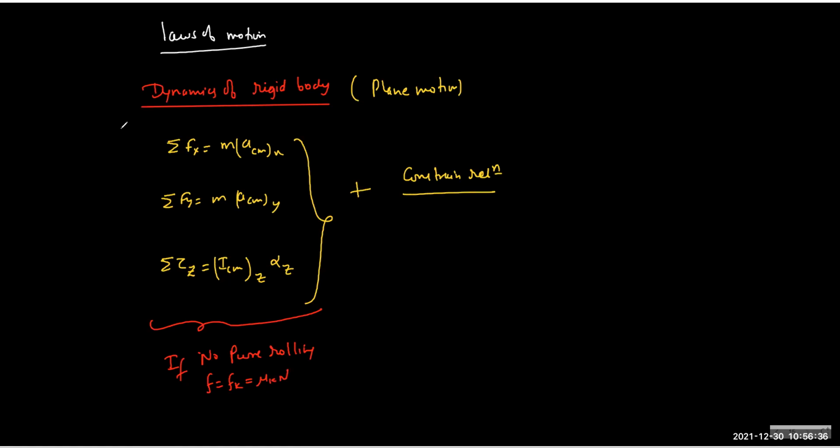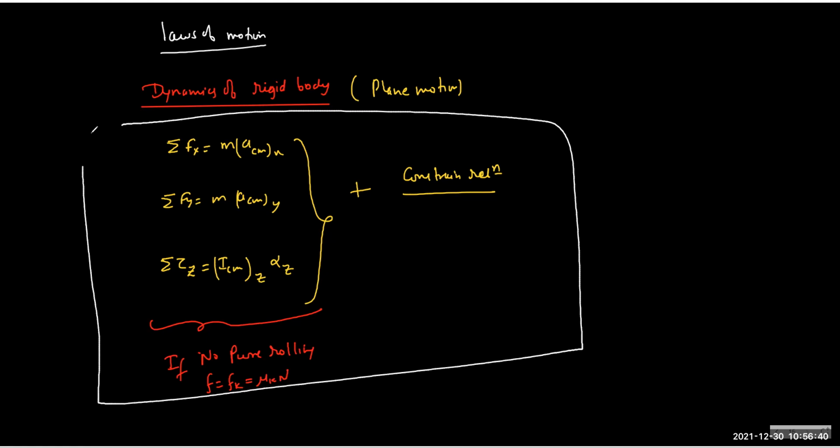The moment pure rolling comes into the picture, then we need this part and this part both together, due to pure rolling. So you know how to correlate alpha with ACM.